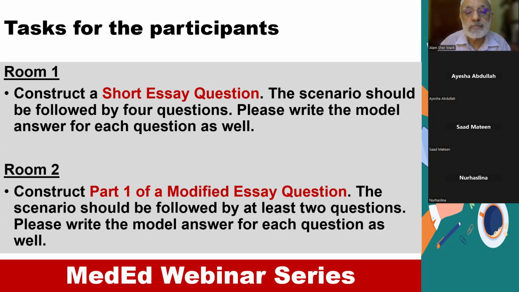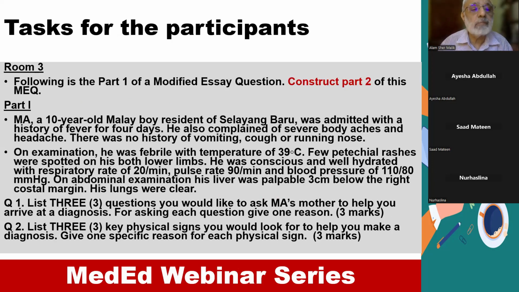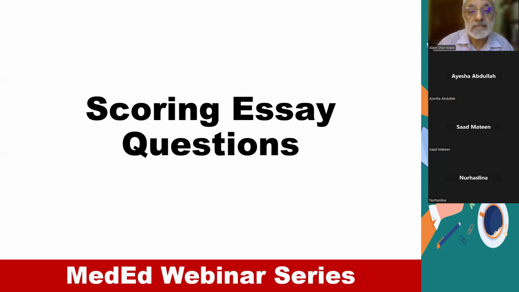The scenario should be followed by at least 2 questions, with a model answer for each. In room 3, I'm providing part 1 of a modified essay question, and the participants, based on part 1, would construct part 2 of the MEQ. All this information I'm sending in the WhatsApp group as well, so that everybody would have access.